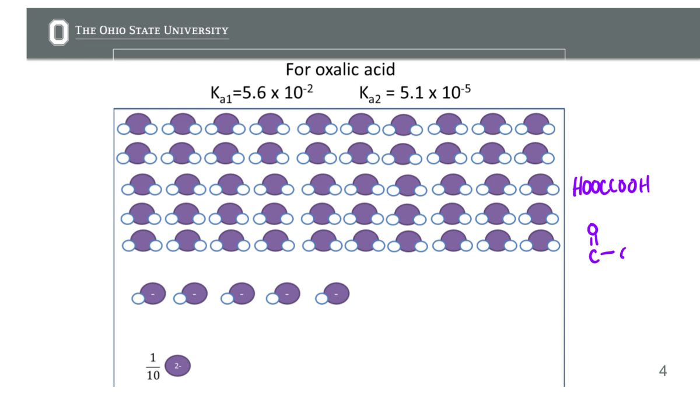It's got 2 carbonyl groups, 2 alcohol groups. So that's oxalic acid. And you'll see I have Ka values written at the top here. Ka1 is 5.6 times 10 to the minus 2. And Ka2 is smaller at 5.1 times 10 to the minus 5.